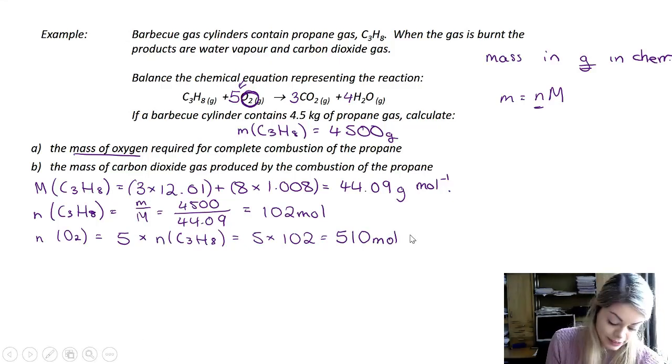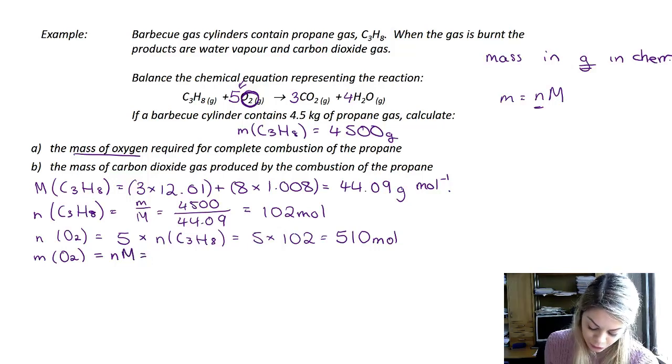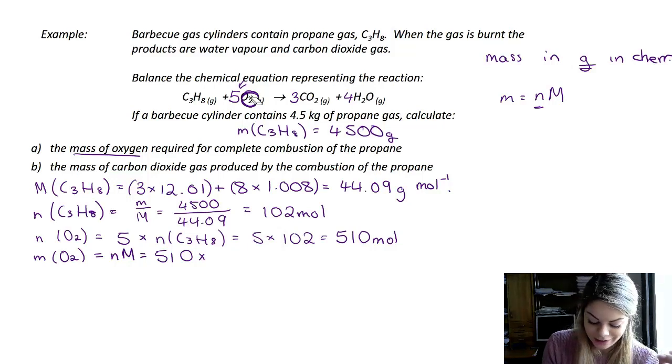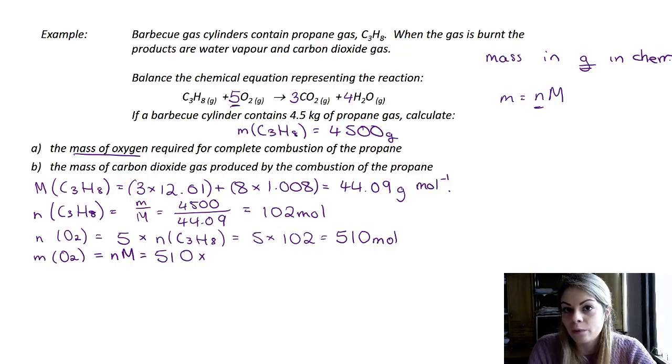But of course I need the mass. So the mass of oxygen is the number of moles times the molar mass, which is 510 times the molar mass of oxygen. And again, I've already taken the 5 into account. I only use that when I'm comparing between number of moles for the ratio of oxygen to propane. It's not included in the molar mass.